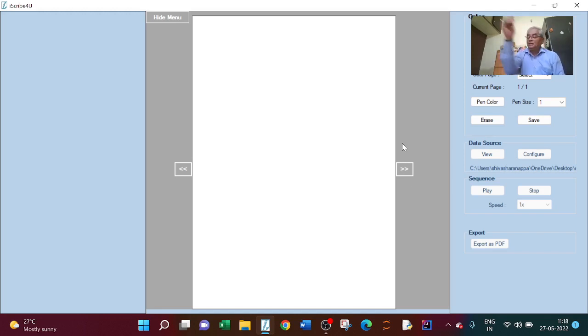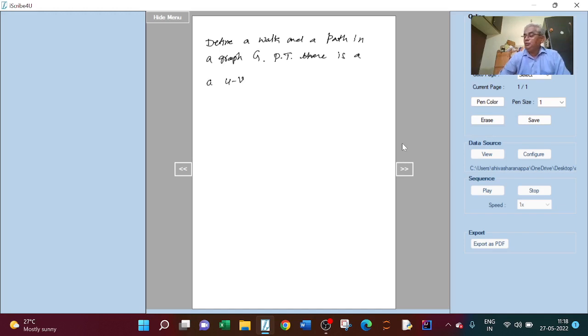Question number 1: define a walk and a path in a graph G, and prove that there is a UV walk if and only if there is a UV path in G. First we define walk and path.